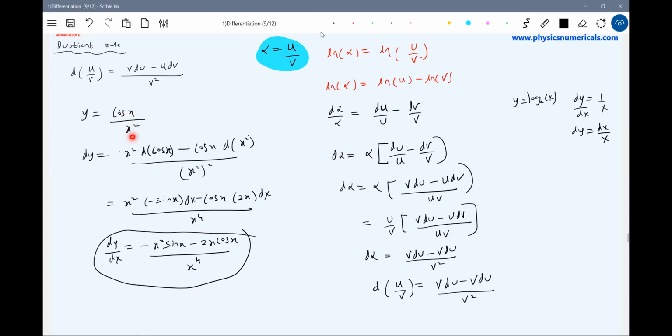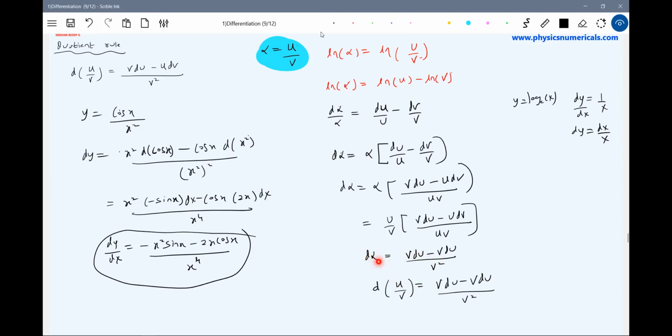Mathematically, I'm just showing how to calculate dy by dx using the quotient rule. If y equals cos x by x square, what is the value of dy by dx? That is the quotient rule. What is the meaning of this is what I'm bringing. u is one function, v is one function. If there's an infinitesimal change in u and v, then what is the corresponding infinitesimal change in their ratio? u by v is a ratio.